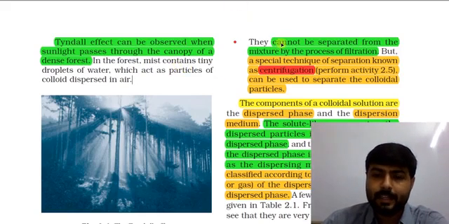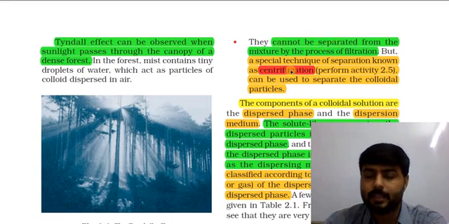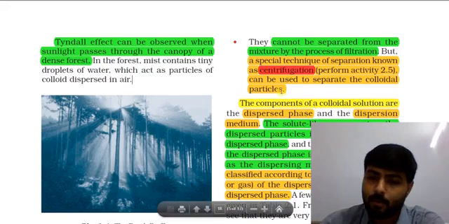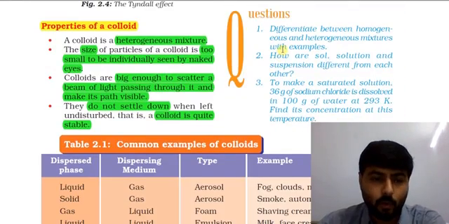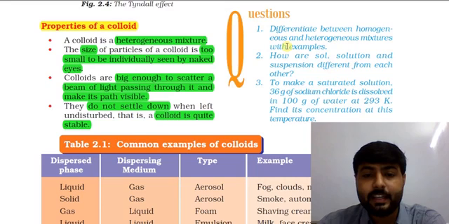So, the property is that the mixture cannot be separated by filtration, but we can separate it by the special process called centrifugation. So here we have the properties of a colloidal solution. Quickly go through it. A colloidal solution is a heterogeneous solution.